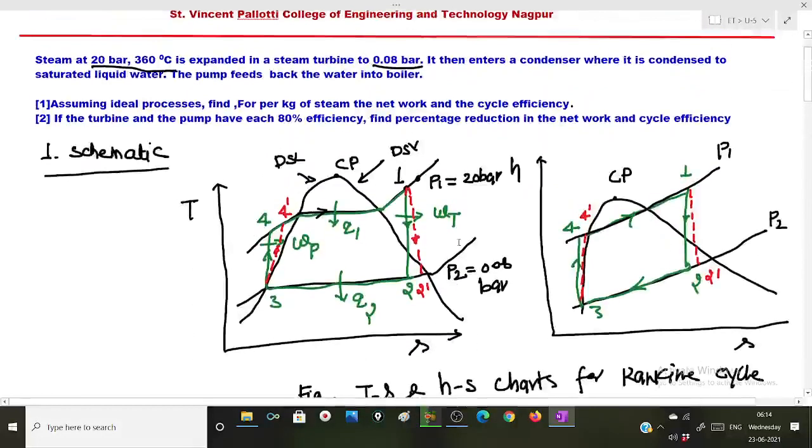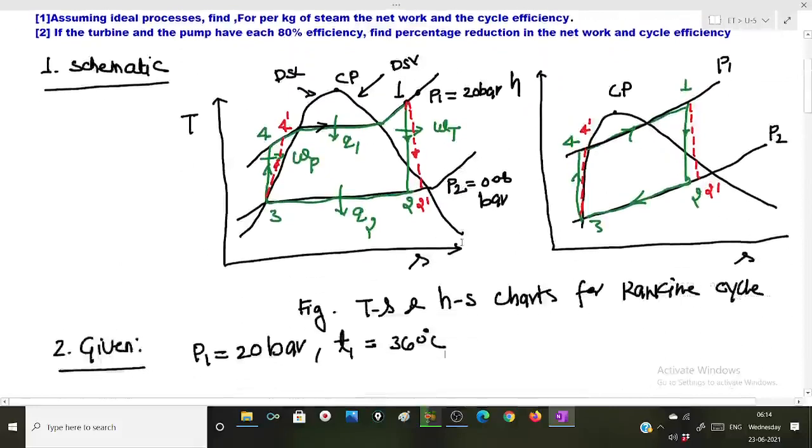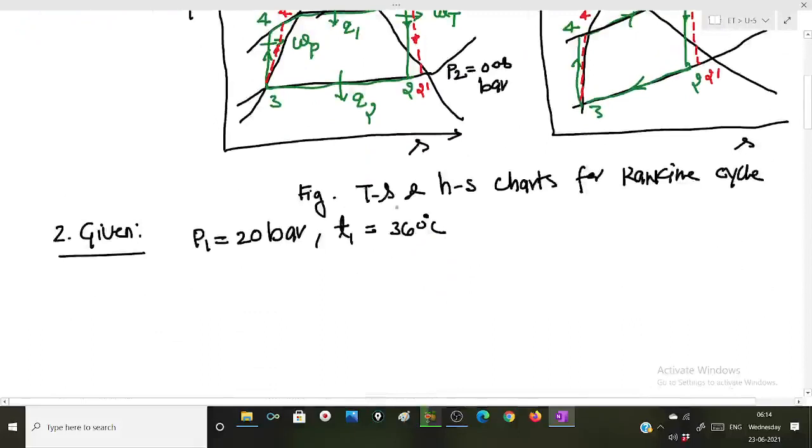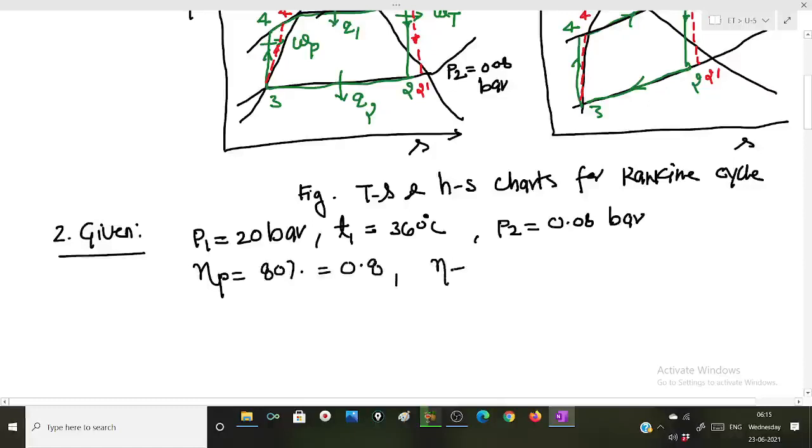Apart from that, we have been given back pressure or condenser pressure as 0.08 bar. Then we have been given pump efficiency as 80%, and we have also been given turbine efficiency as 80%, that is 0.8.